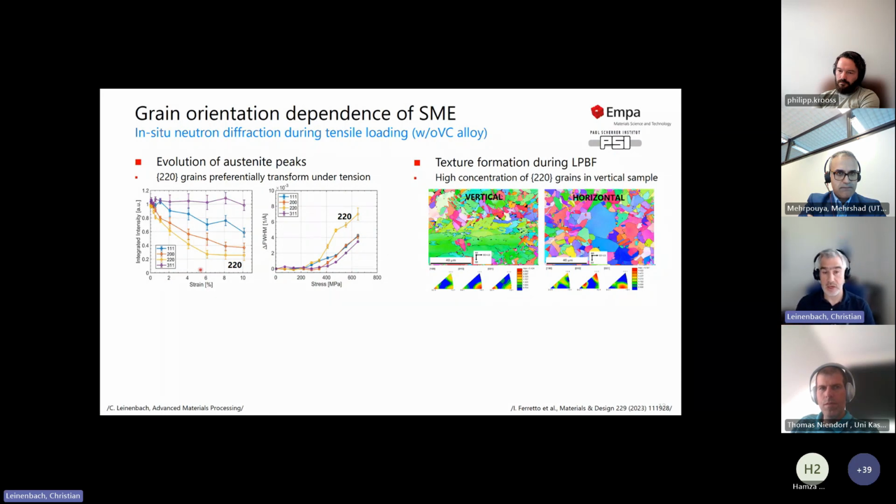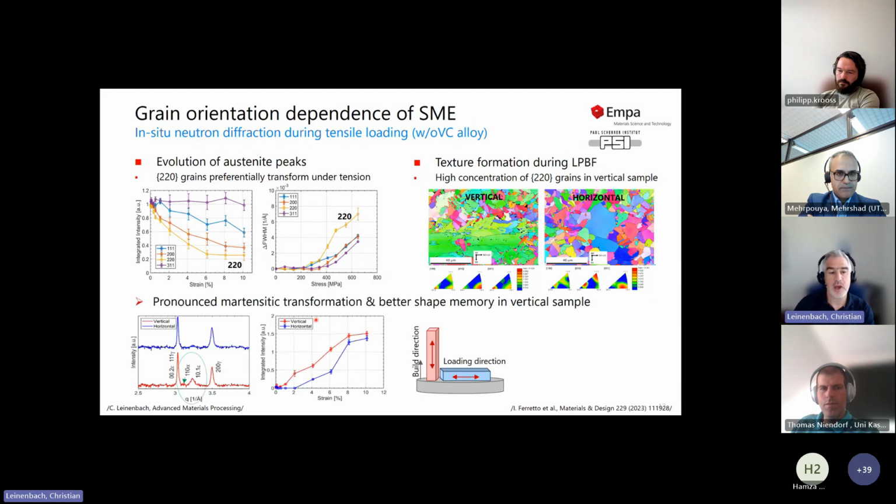So it disappears. At the same time, we looked into the evolution of the epsilon martensite peak, and you can see that it is increasing. So this decrease is due to the formation of the epsilon martensite. The 220 family shows the highest transformation.